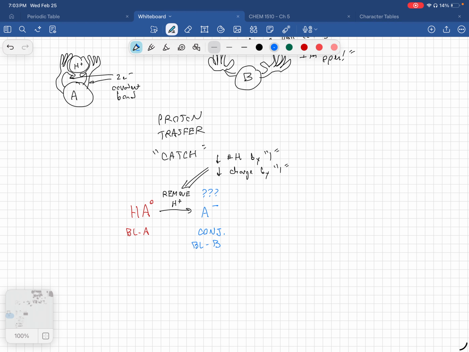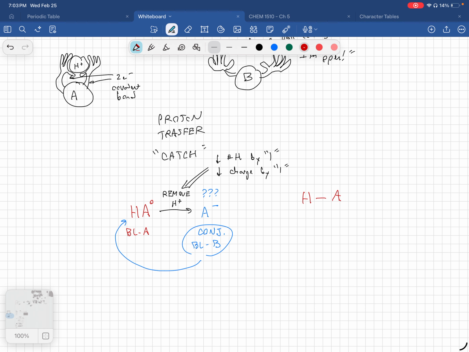So A- is the conjugate base of HA. To see what something looks like as a conjugate base, you take an H+ away from it, and that turns it into a base.